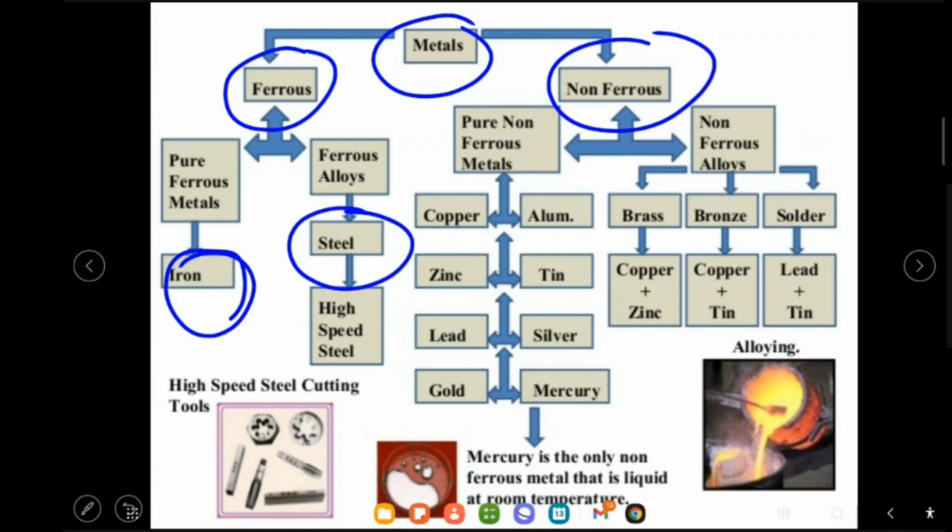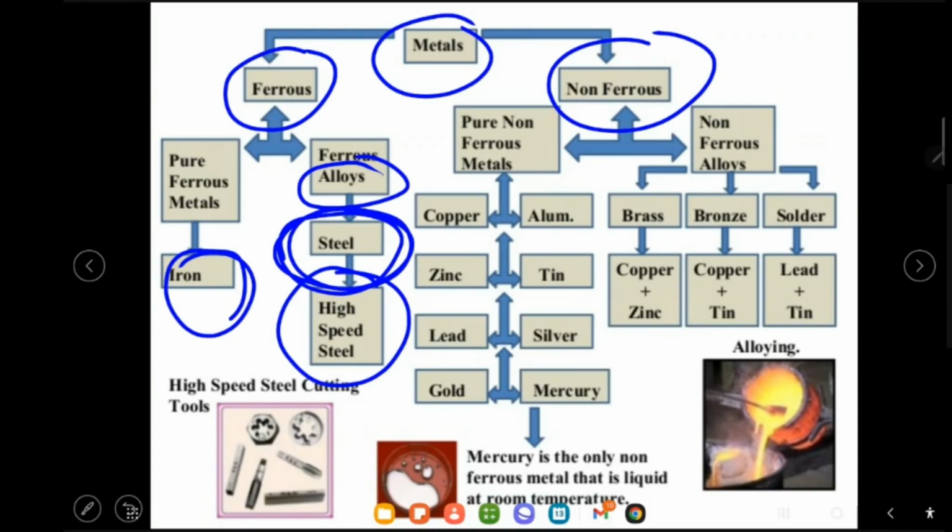What is meant by alloy is a combination of two or maybe three metals together. For example, like steel, which is the H section or I section that we normally use in steel structures. And also we have high speed steel, which is for cutting tools.